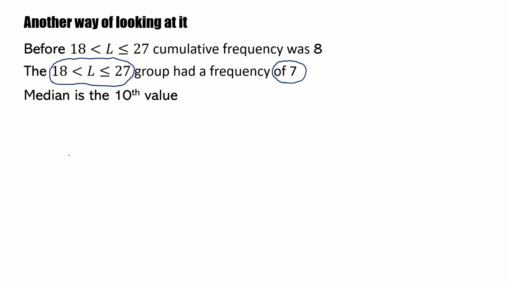Anyway, once you've realized that, the thing you've got to be aware of is that linear interpolation works on the assumption that the interval you are looking at, all the bits of data in that interval are spread evenly across that interval. So for instance, as there's a frequency of 7 for this data group, we're assuming those 7 bits of data are spread evenly across that interval between 18 and 27.